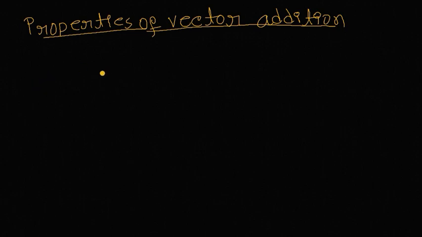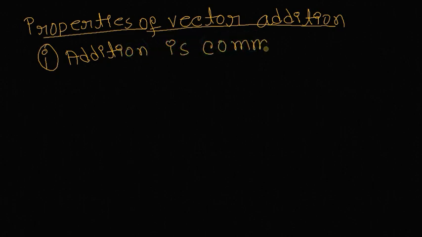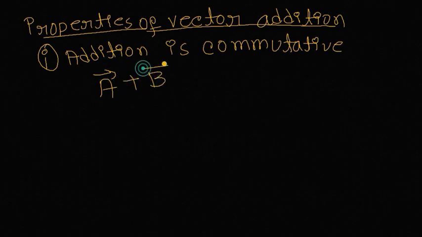Vector addition is commutative. This means that if we add A vector and B vector, this will be the same as B vector plus A vector.